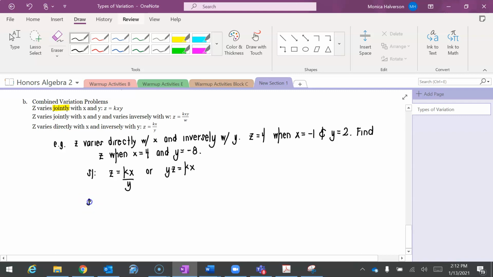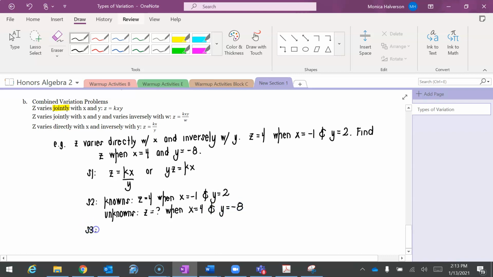All right, so step 2 is identify our knowns versus our unknowns. Our knowns: z equals 4 when x equals negative 1 and y equals 2. Our unknown: we don't know z when x equals 4 and y equals negative 8.